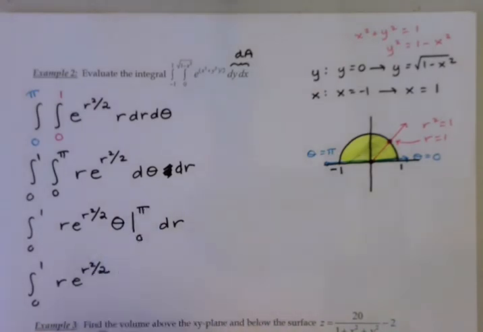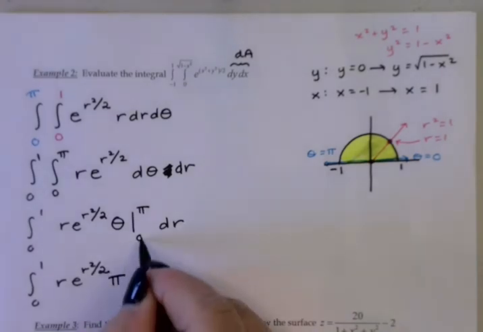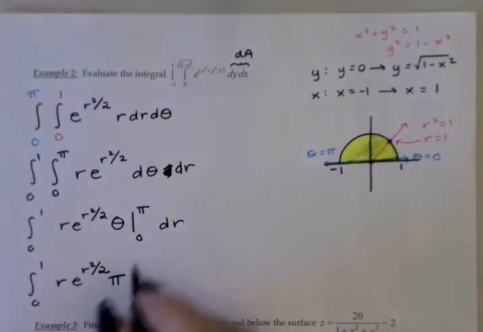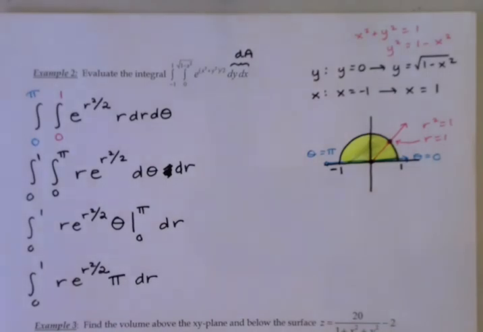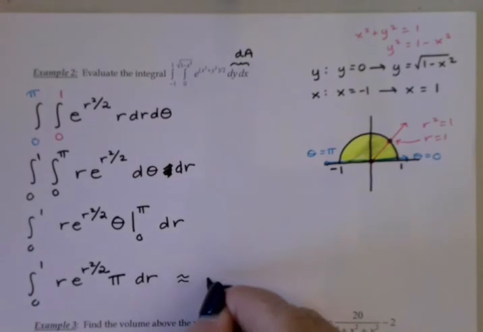Plugging in the pi, I just get a pi here. And of course, plugging in the 0 will give me 0. And so I now have an integral, which again isn't difficult to do by hand, but I can do it even more quickly on the calculator. And when I did this one, I ended up with 2.038.